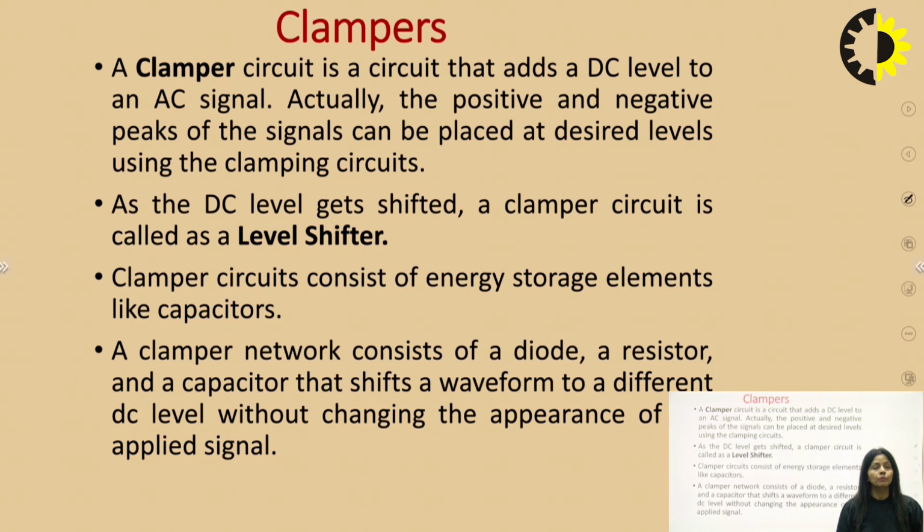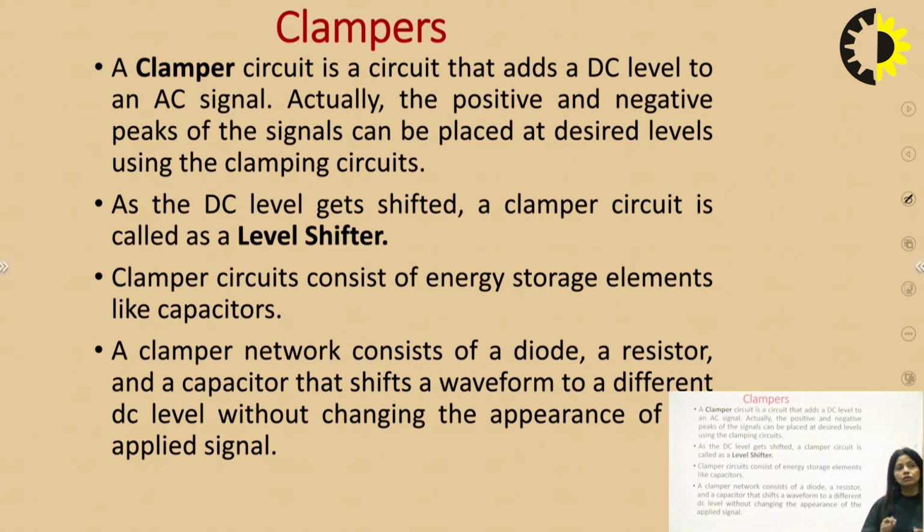And one more important point is that clamping is based on the charging and discharging of the capacitor. See, it consists of a diode, it consists of resistors, and it should have one capacitor, or 2, in the circuit for clamping the waveform in clamper circuits, right?